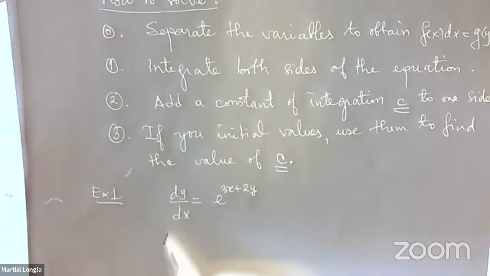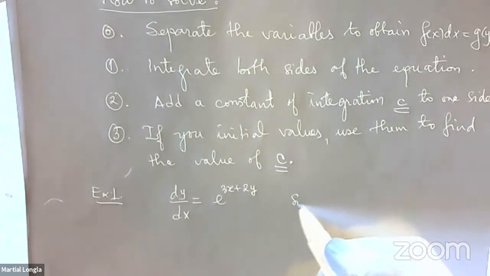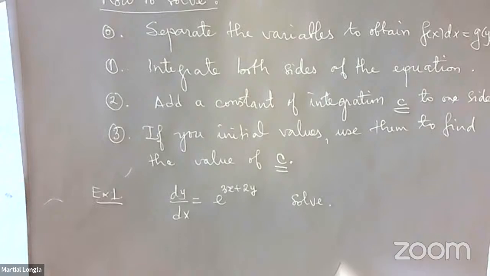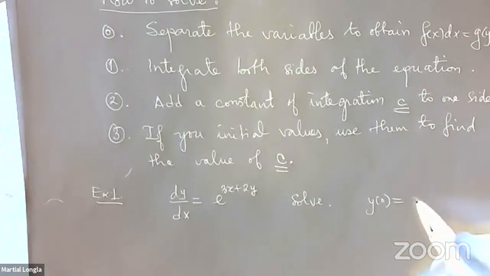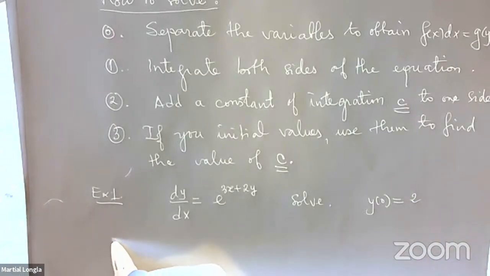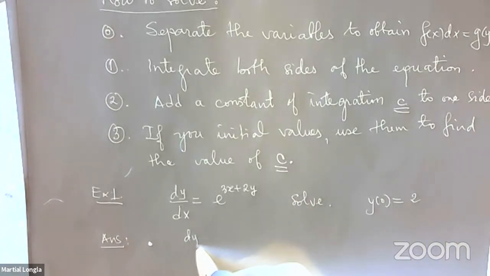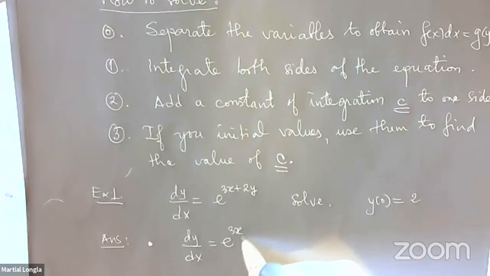All right, so here, let me even add something: y of 0 equals 2. And so in that step 0 answer, you would start by saying dy over dx equals e to the 3x times e to the 2y.